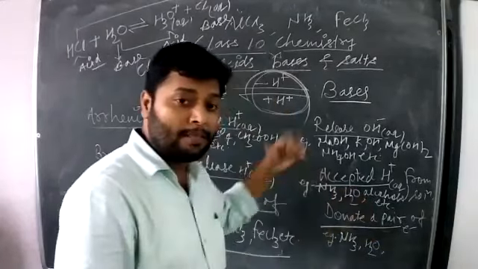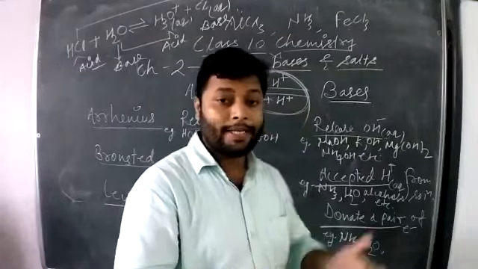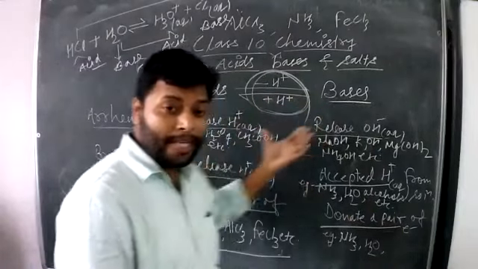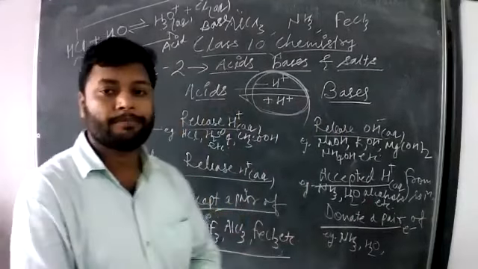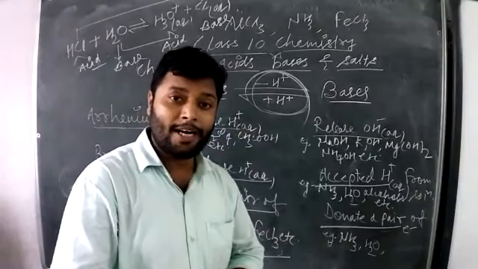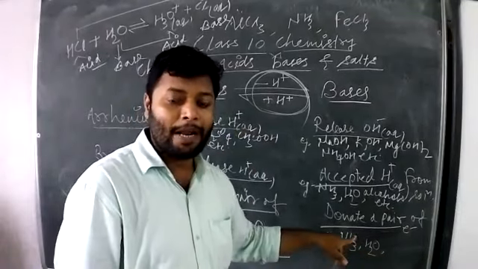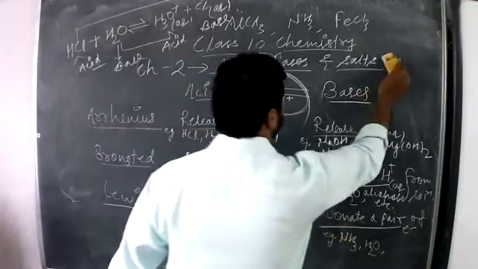I will take up some more examples to explain more clearly what acids and bases are and how they belong to the different concepts. But before that, let's see the example of ammonia, my favorite.